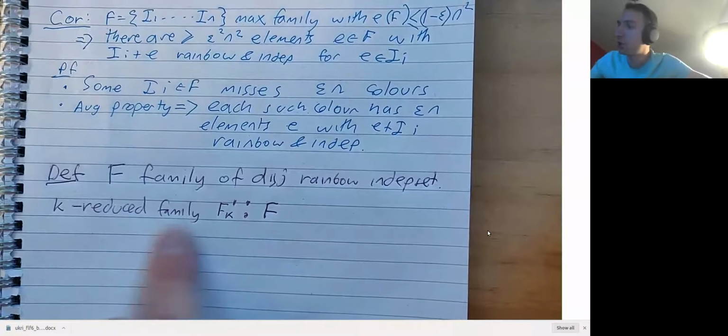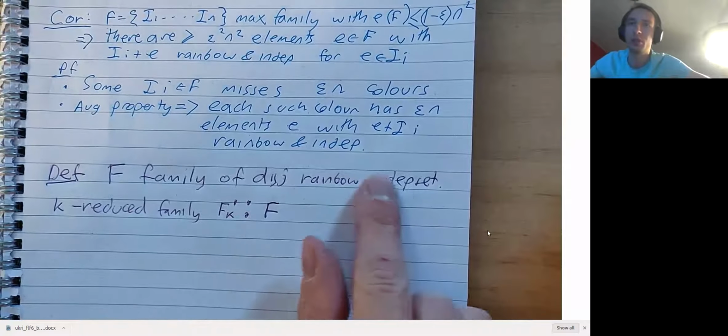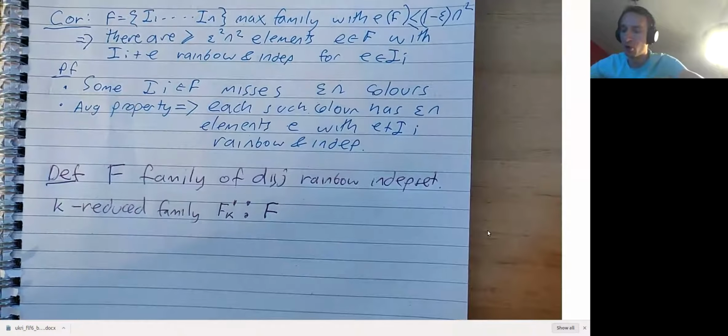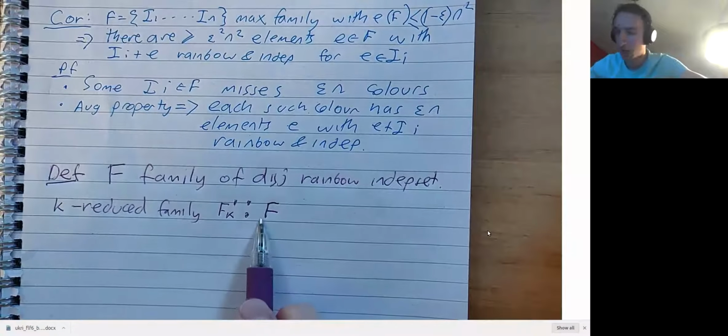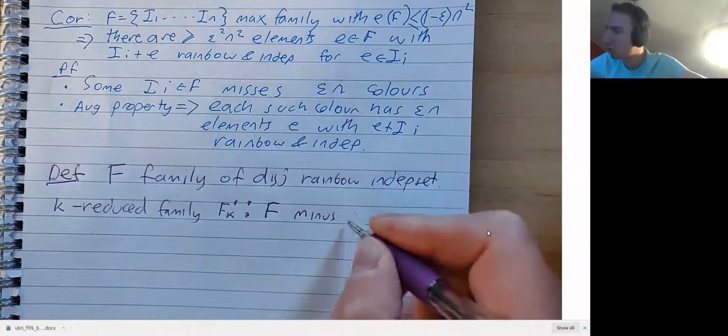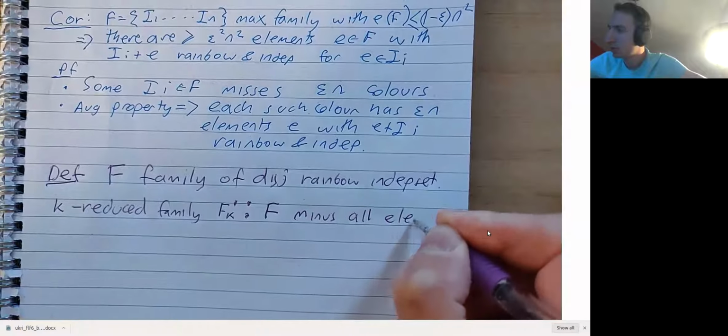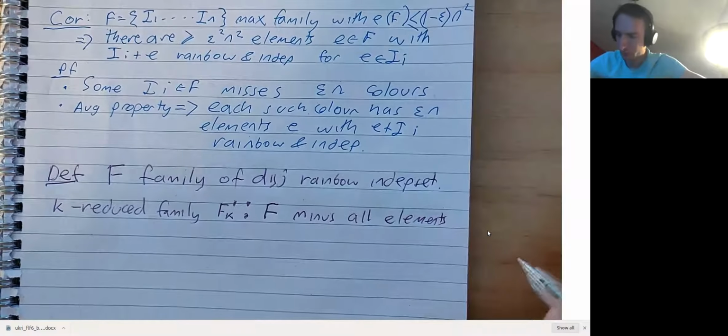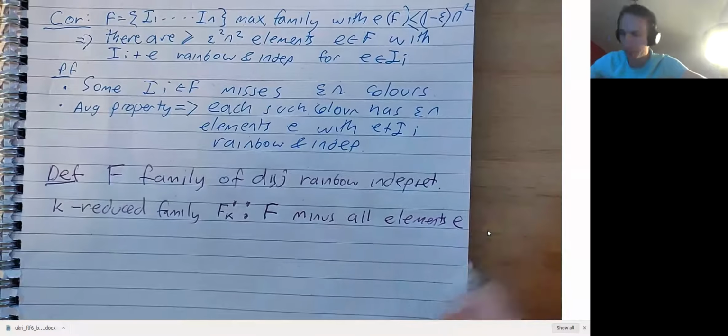Okay, so this operation of reduction, it starts with a family and makes it smaller by deleting elements from it. So you take F and you delete some elements from it. So you minus all elements with a particular property.